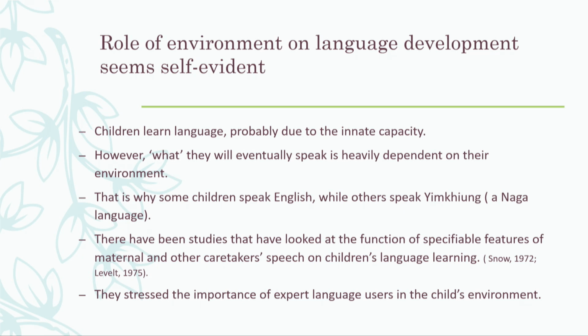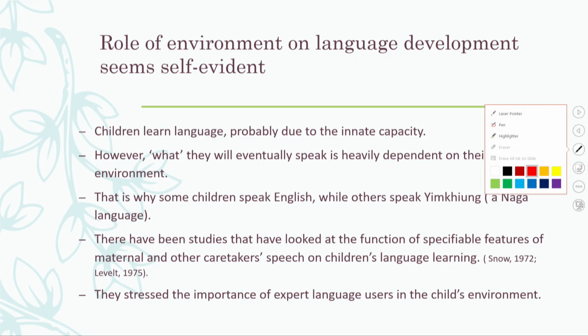So, children learn language probably due to the innate capacity. The capacity to learn is innate, but what they will learn is dependent on where they are situated. So, the community they belong to, the language they are surrounded by and so on. For example, if the child is born in an English speaking environment, they might grow up speaking English.